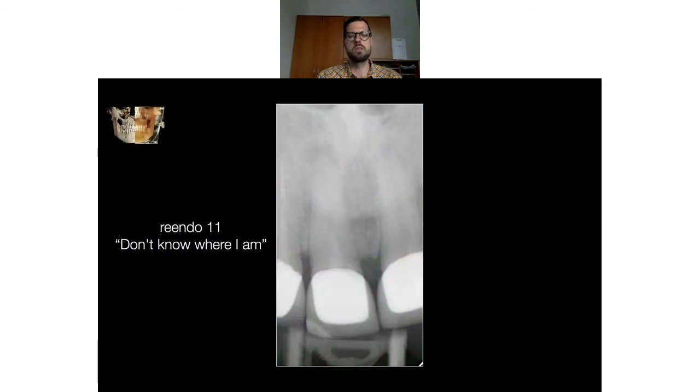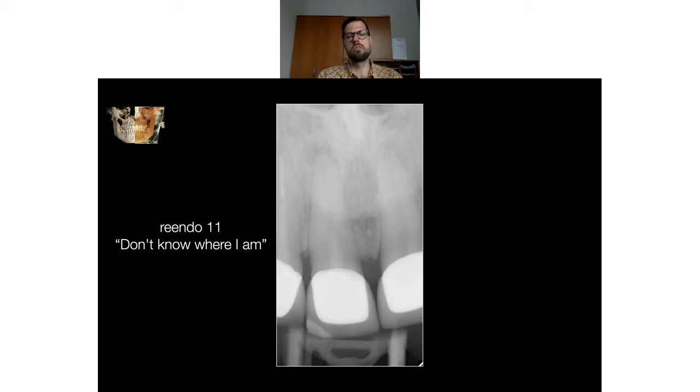And look at this case. This is my case, and I did it like 5 years ago or 7 years ago. And at this time I didn't use the CBCT. I couldn't find the root canal, but I put a post inside and made the crown.